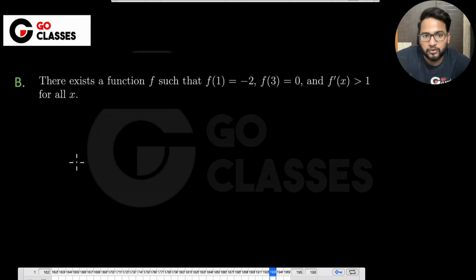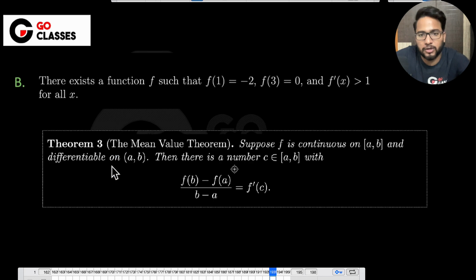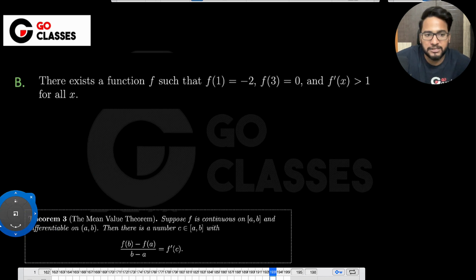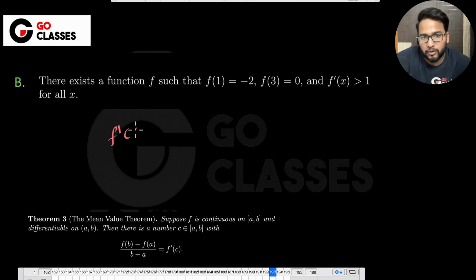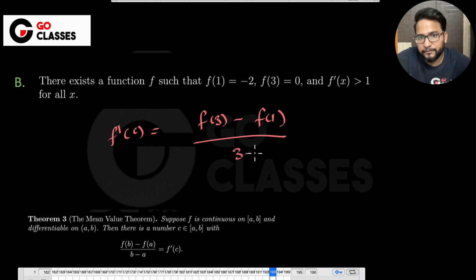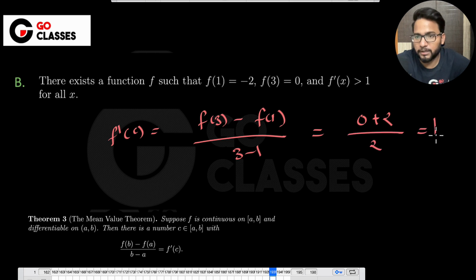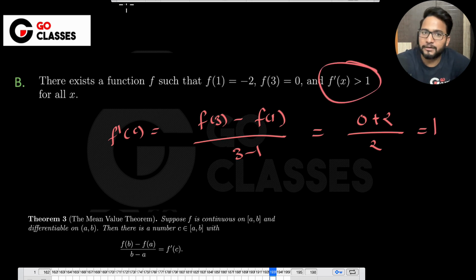According to the theorem, if I paste the theorem here, it says that f'(c) is equal to f(b) minus f(a) divided by b minus a, which means 0 minus minus 2, which is plus 2, divided by 2, which is 1. So there is a c where f'(c) is exactly equal to 1. Is it true that for all x you have greater than 1? I don't think so, right? So that's why this statement is also false.